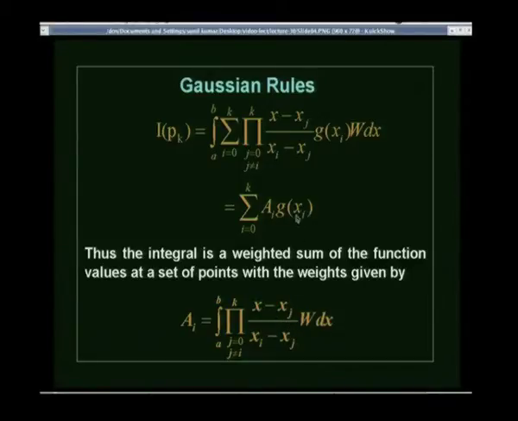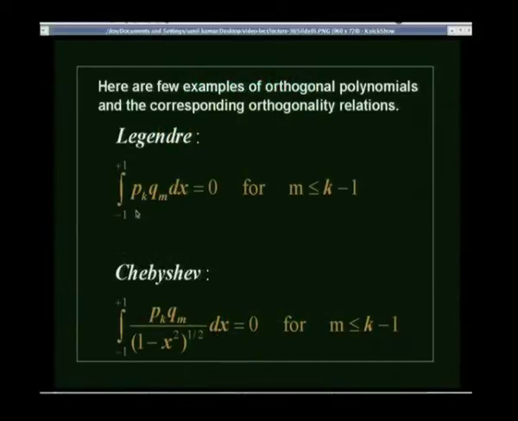Now the function has to be tabulated at some values, and if I choose those tabulated points as the zeros of a polynomial, depending upon what the limits and the w is. So for example, if the limits were -1 to +1 and my weight function was 1, then I would use the tabulated points as the zeros of the Legendre polynomial, and similarly for other cases. So that's the method.